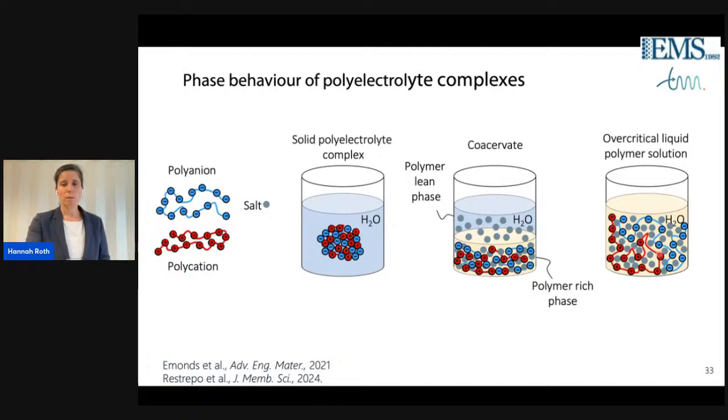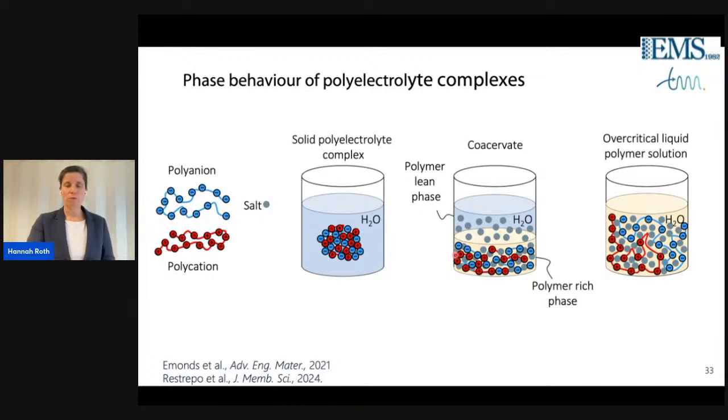But I have mostly worked with salt, using a high salt concentration to dissolve these structures. When you look backwards, you see that in between a solid complex and a homogeneous polymer solution is a system that has two different phases. This is also what we saw earlier in the phase separation system.